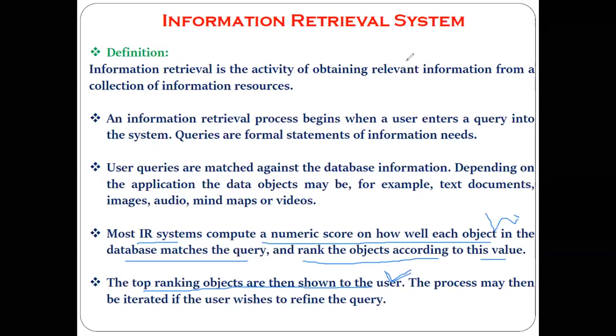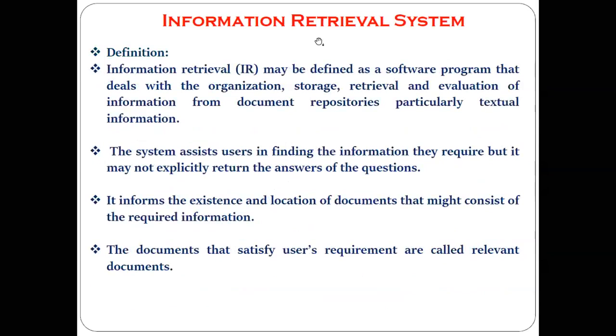So which information you get at the first level, second level, etc., is decided on the basis of relevancy or exact matching of your query with certain information stored in that particular information database.